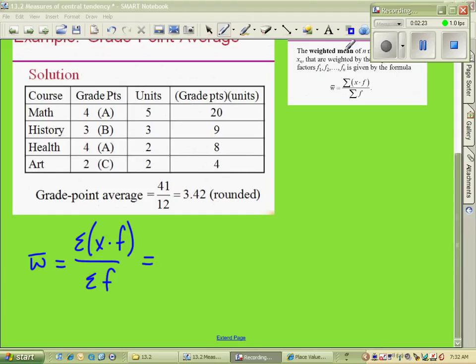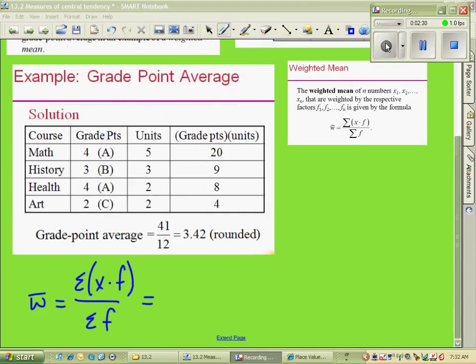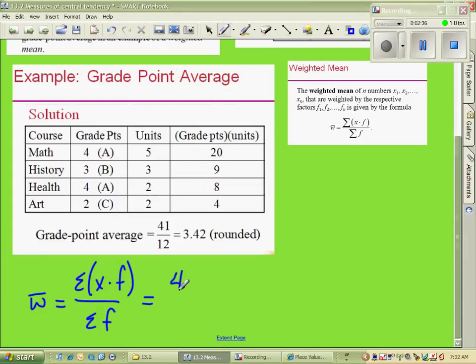So there's our formula. Now we take our values and put them in there. Alright, so in the math class, we made a grade of an A. That gave us 4 points. It had a factor of 5. Plus, in history class, we made 3 points, or a B. It had a factor of 3. Plus, in health class, we made an A. So that's a 4.